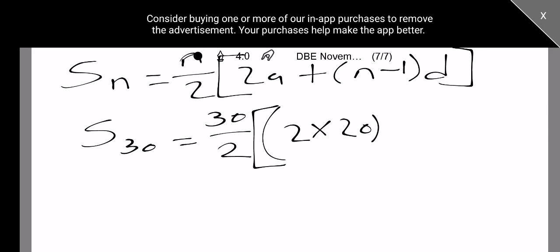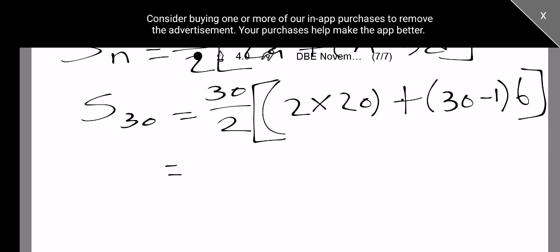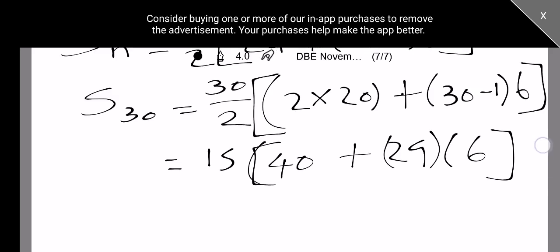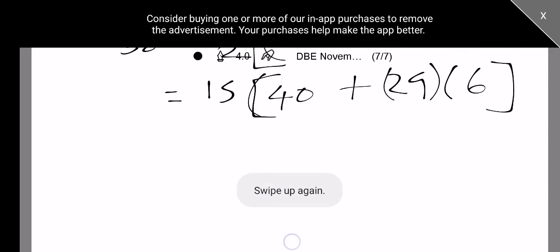Now we are on the even one, plus n, which is 30 minus 1, all into 6, our difference. Now it's equal to 15 into 2 times 20, it's 40, plus 29 times 6. Now let's go and punch that on our calculator.